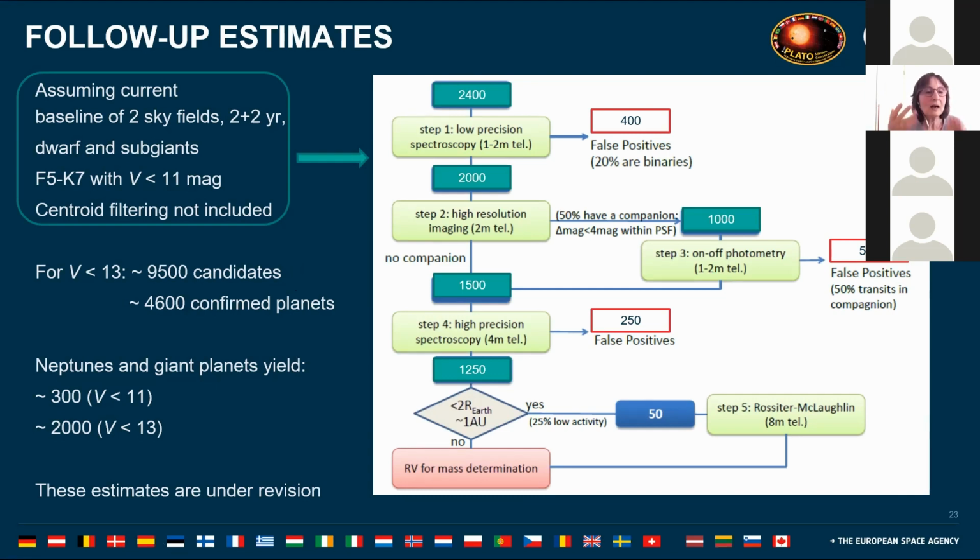And if we look at the larger exoplanets like Neptune and giant planets, the yield expected is around 300 exoplanets around stars with magnitudes less than 11, and around 2,000 around stars with magnitudes less than 13. We're still revising these estimates, but they will not be too different from the numbers I show here.